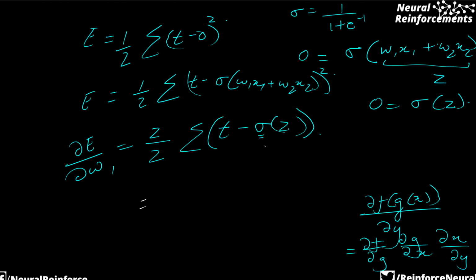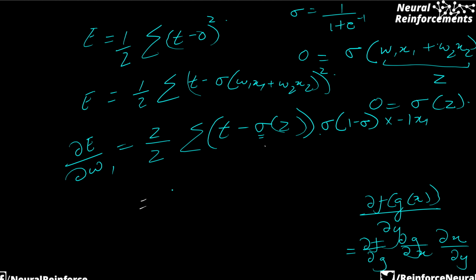So now let's go back to the initial color, into the differential of sigma(x), so we can write sigma times (1 minus sigma), we discovered that. And then it will be the same thing that we did earlier, which is minus times minus 1 of x, and in this particular case again this is x1. So this was the third part that we did. This whole internal part differentiated by w1 again became 0 and this came out.